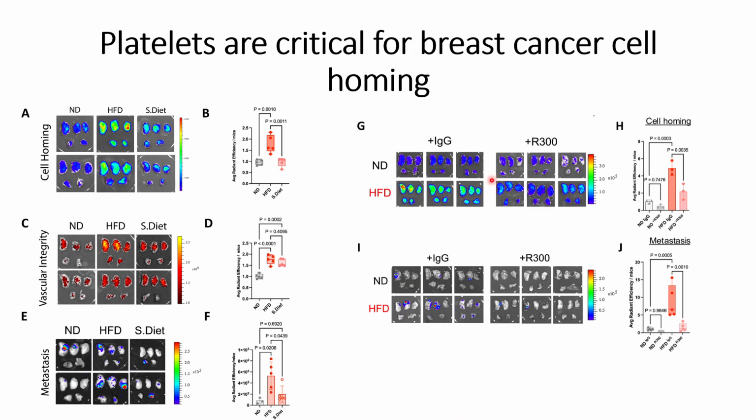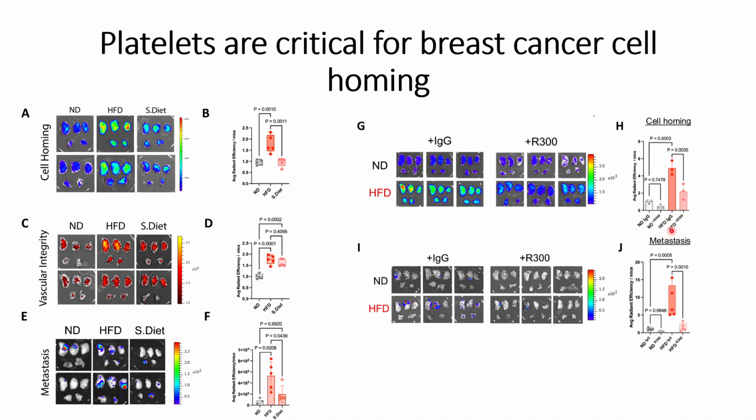They have quantified these things on the right hand side in panel H, where we can see that the average radiance in the control diet mice conditions is lower, and the signal in the control diet conditions with the R300 antibody, used to reduce the activated platelets, is further lower, but that difference is not statistically significant.